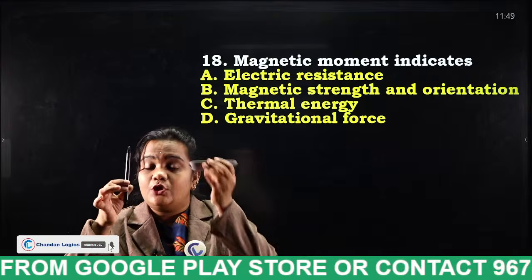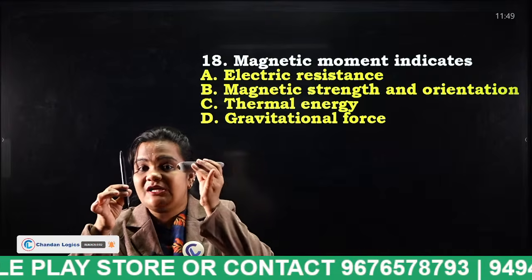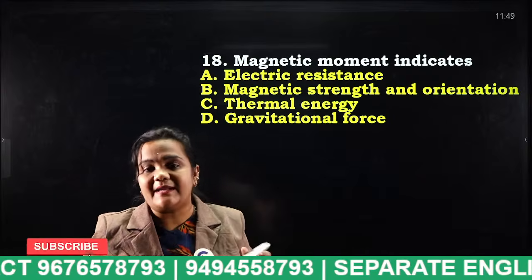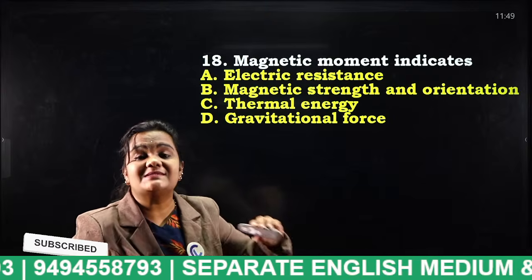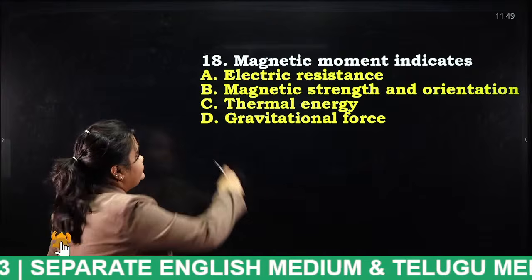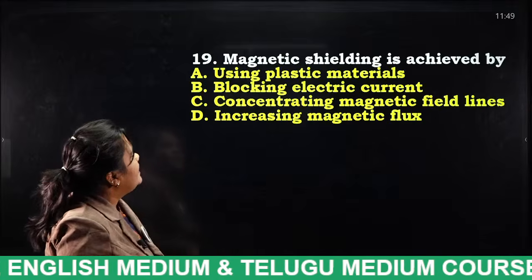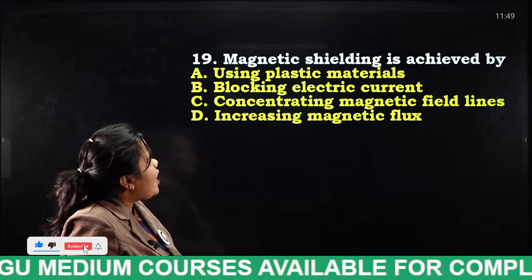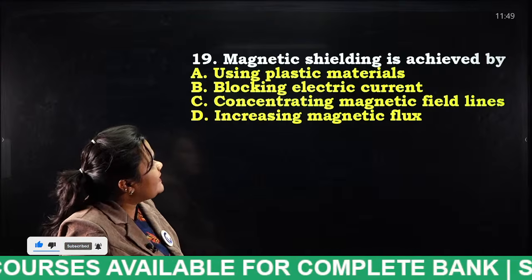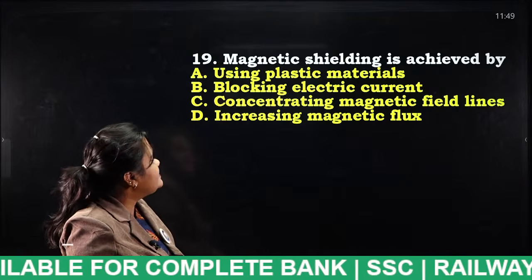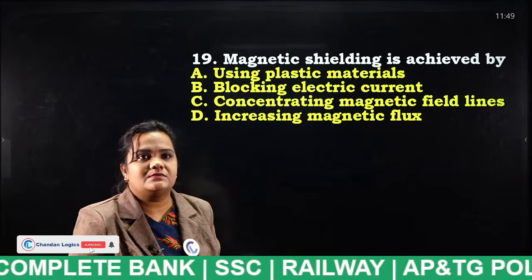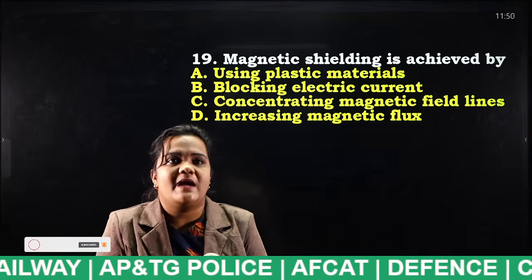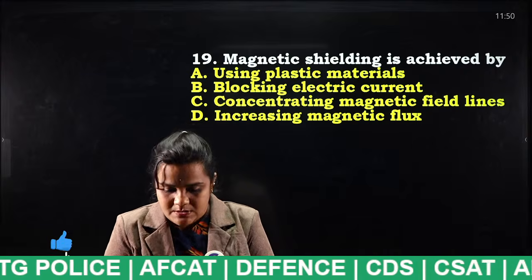Due to the presence of magnetic strength, this object will be oriented and attached to this magnet. That is considered magnetic moment. Magnetic shielding is achieved by using plastic materials, blocking electric current, concentrating magnetic field lines, increasing magnetic flux. I have already discussed this also.